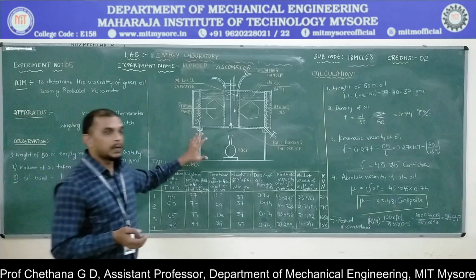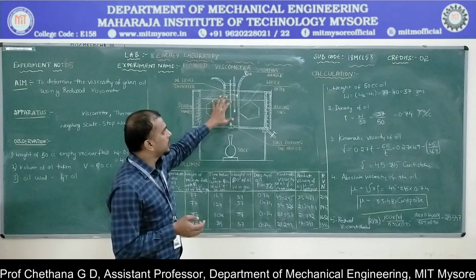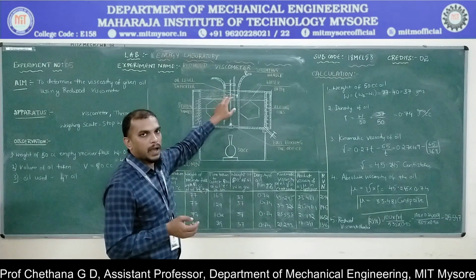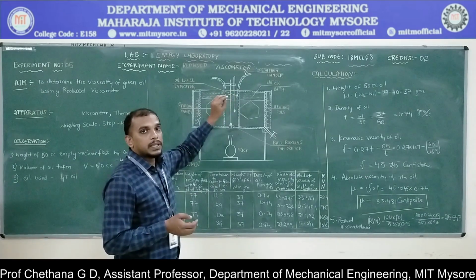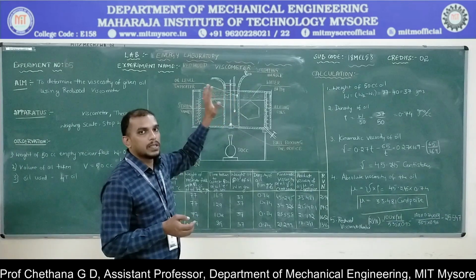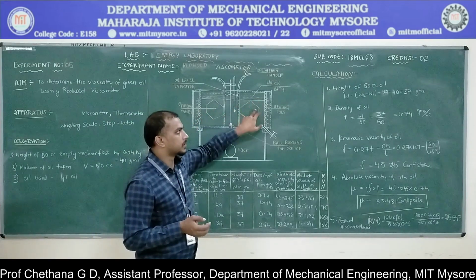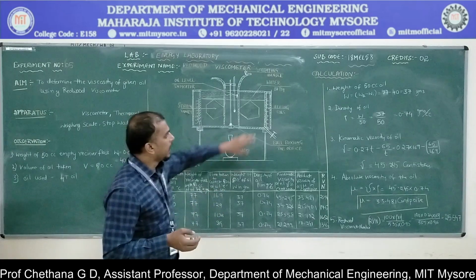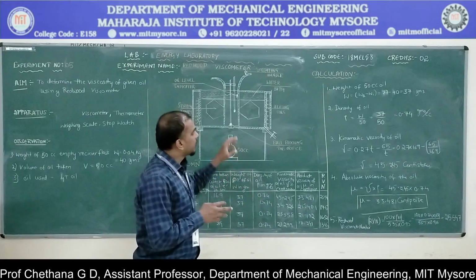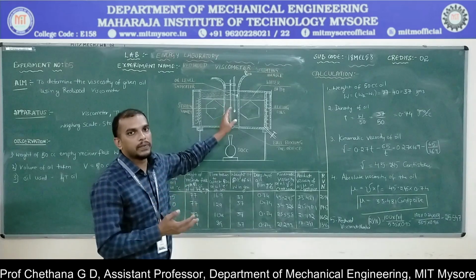Now look at the experimental setup. We have an oil cup, which is used to hold the oil whose viscosity is to be measured. It is surrounded by a water bath which is heated by electrical heating coils. The heating coils transfer the heat to the water, then the water transfers the heat to the oil, so it is an indirect way of heating.